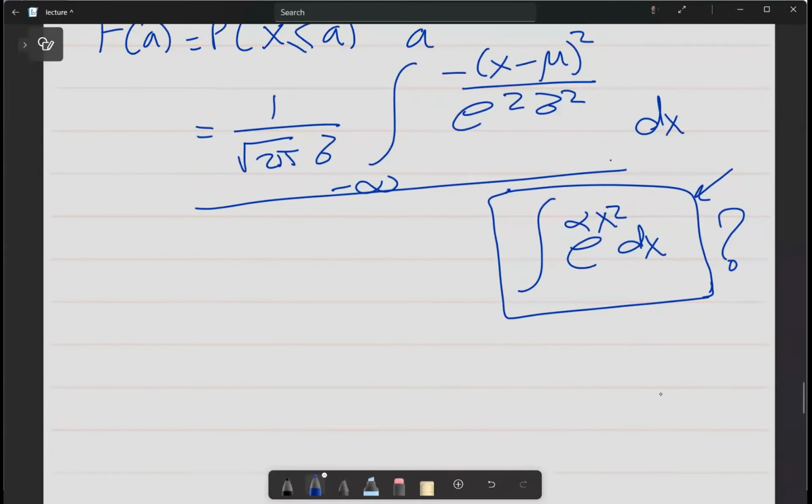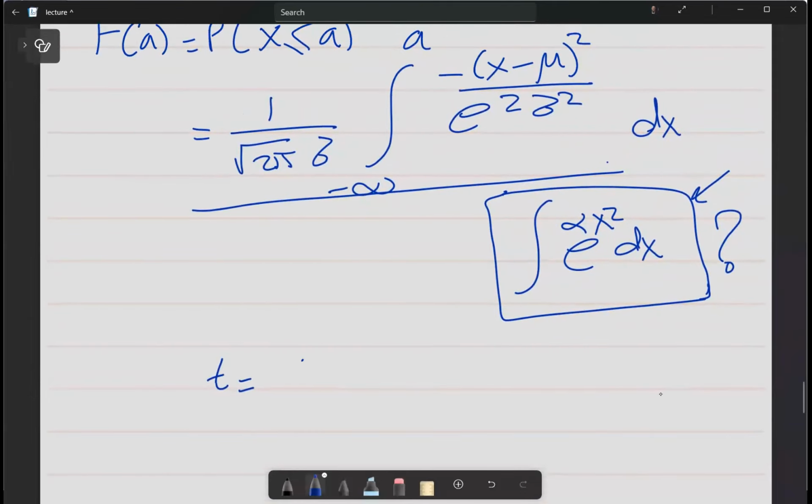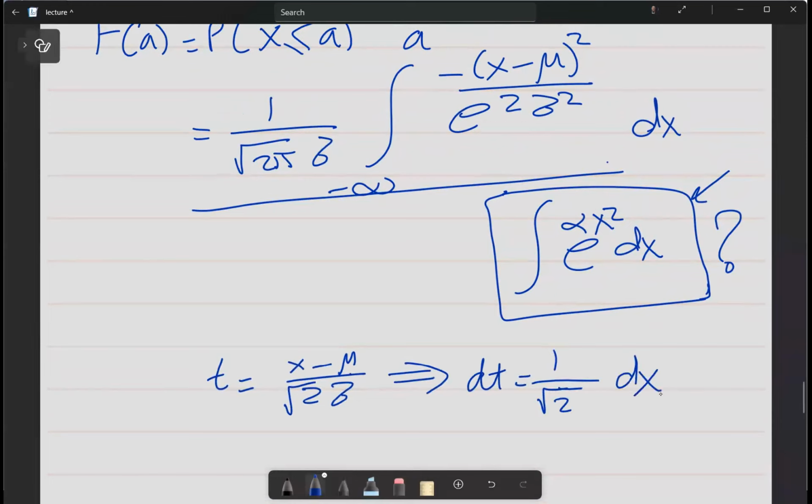Let us define another variable t, and we say that t equals x minus mu divided by square root of 2 times sigma. In that case, if we substitute, we know that dt will be 1 divided by square root of 2 times dx. We can substitute this into the previous equation.